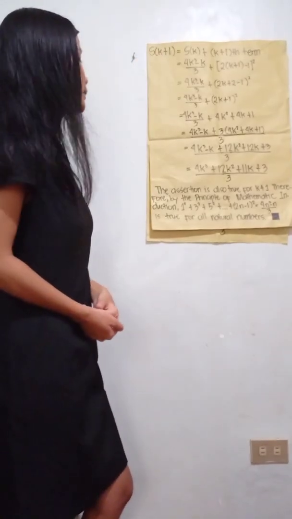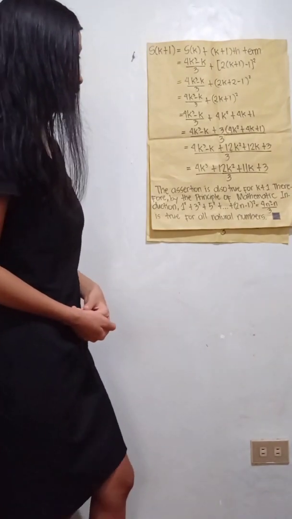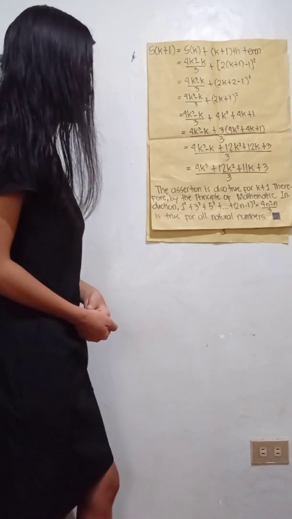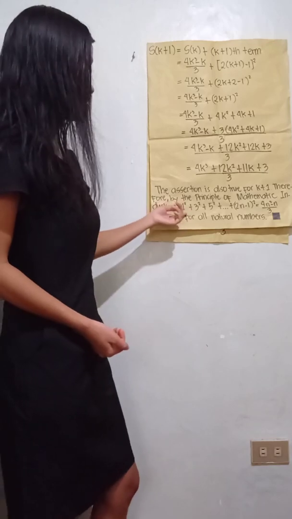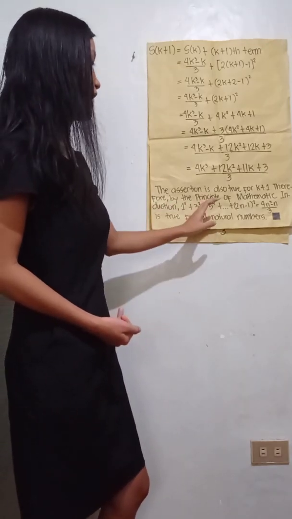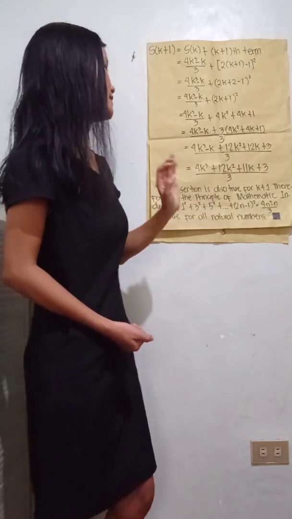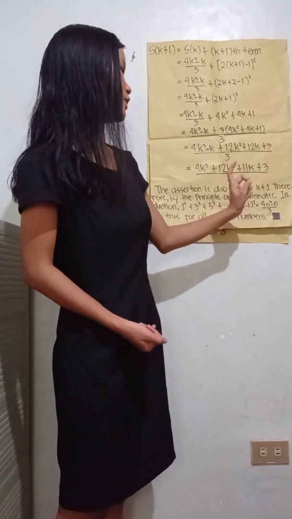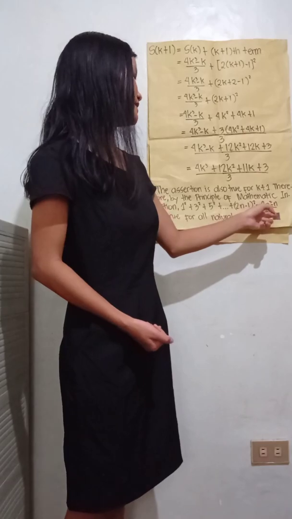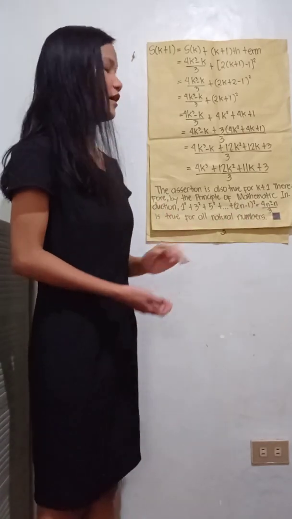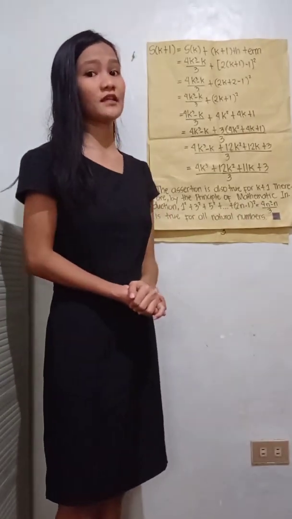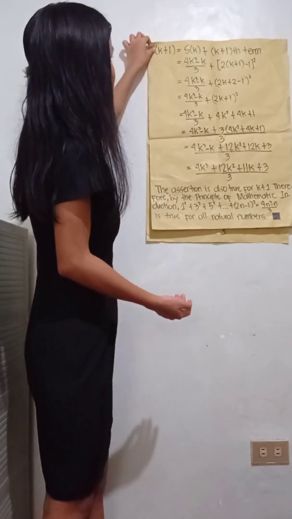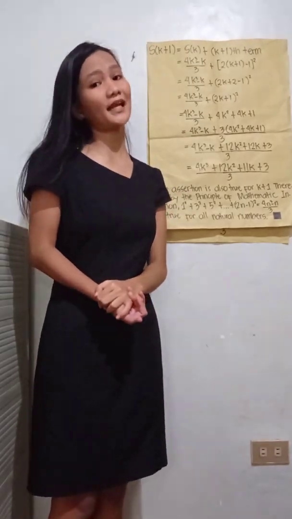Therefore, by the principle of mathematical induction, 1 squared plus 3 squared plus 5 squared and so on, plus the square of 2n minus 1, is equal to (4n cubed minus n) over 3, is true for all natural numbers. And that ends our proving by PMI, or mathematical induction.